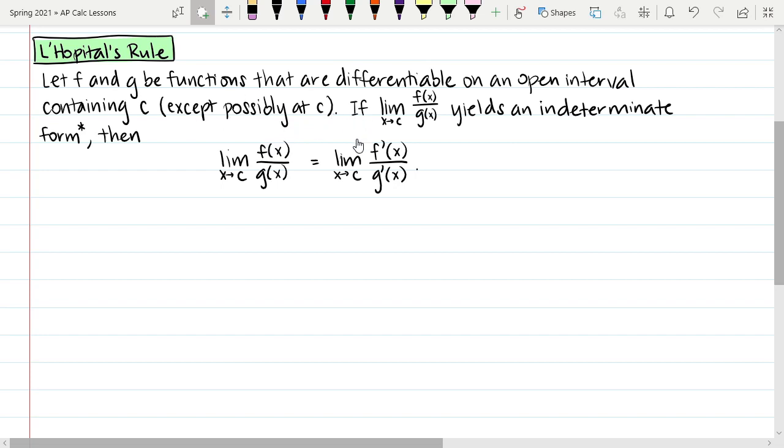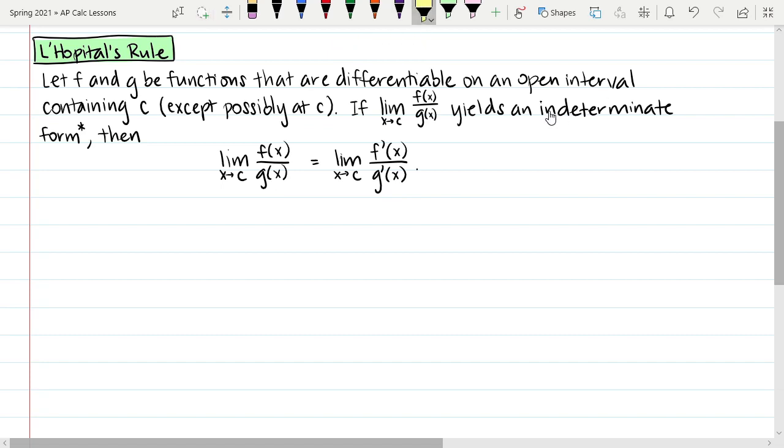If that's the case, then if the limit as x approaches c of f of x over g of x yields an indeterminate form, and I'm going to talk a little bit more about that in just a moment, then the limit as x approaches c of f of x over g of x is going to be the same as the limit as x approaches c of f prime over g prime. So in other words, if you find the derivative of the numerator function and the derivative of the denominator function, and you evaluate the limit as x approaches c of that quotient, you're going to get the same result.